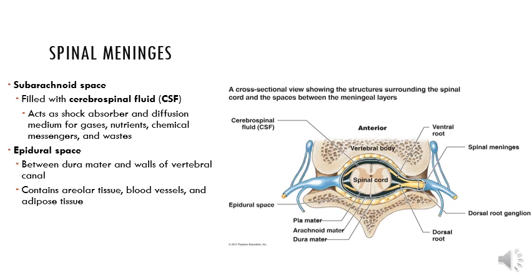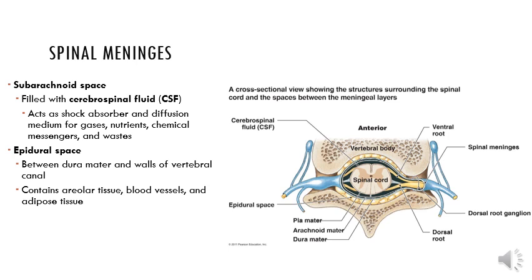If you get a leak in the meninges, the cerebral spinal fluid will leak out. It functions as a shock absorber. So if you get a sharp blow to the head or a sharp blow to the spine, the protective nature of essentially a fluid-filled shock absorber is going to prevent damage in those particular sensitive areas of your central nervous system.